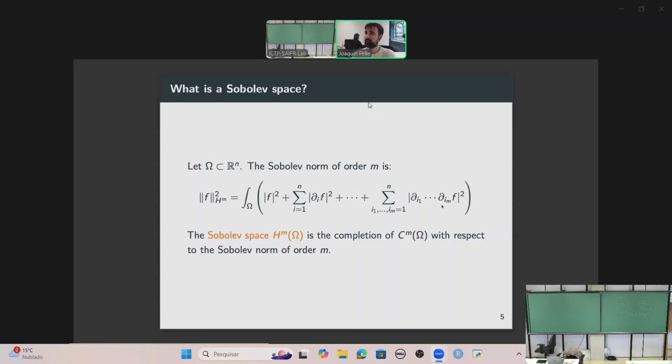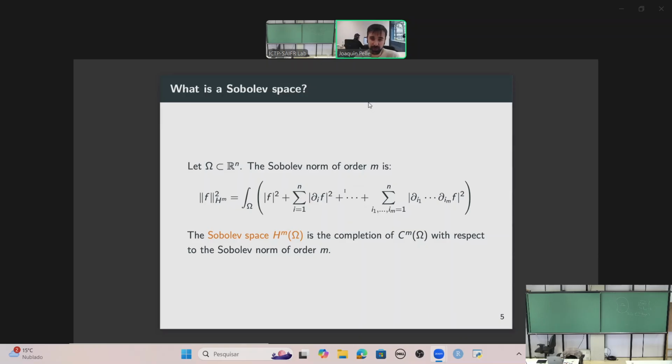So just as a brief reminder, I'm sure you saw this before in the course, but it never hurts to repeat something you already know. Just to make sure we are on the same page, if we have a bounded domain in Rn, we can define the Sobolev norm in this way, which is an extension of the L2 norm that would only take this term here.